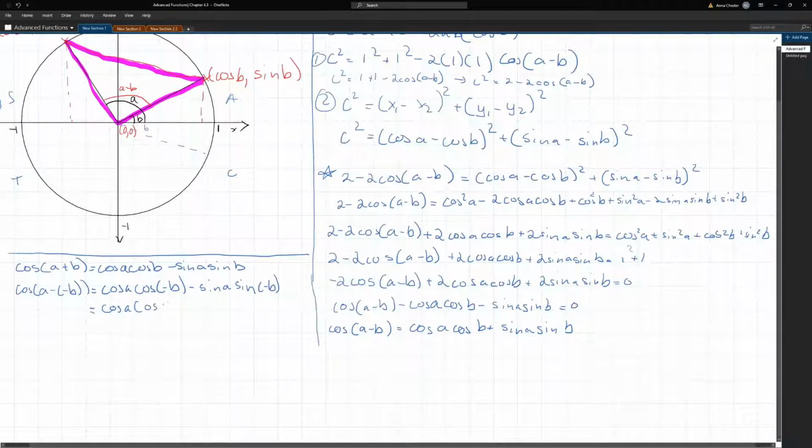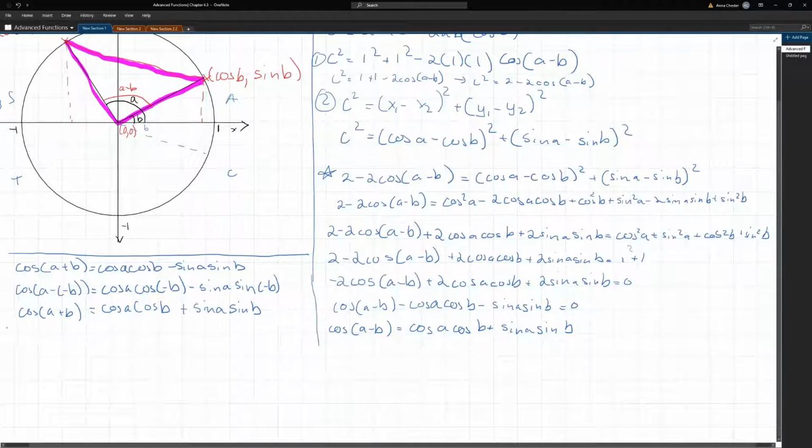So cos of negative B is actually the same as cos of B. However, sine of negative B is negative, so we actually get a negative removed from here. And a negative times a negative is a positive, so we get sine A sine B. So again, that just proves that cos(A plus B) is equal to the following.